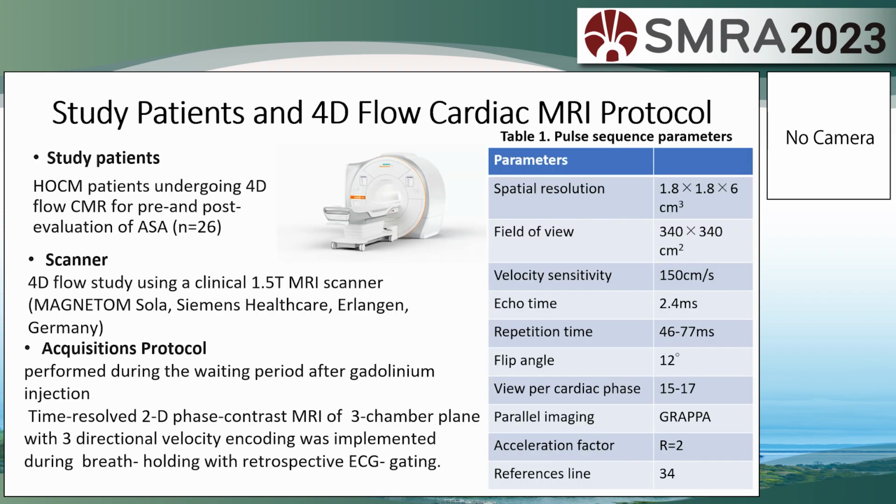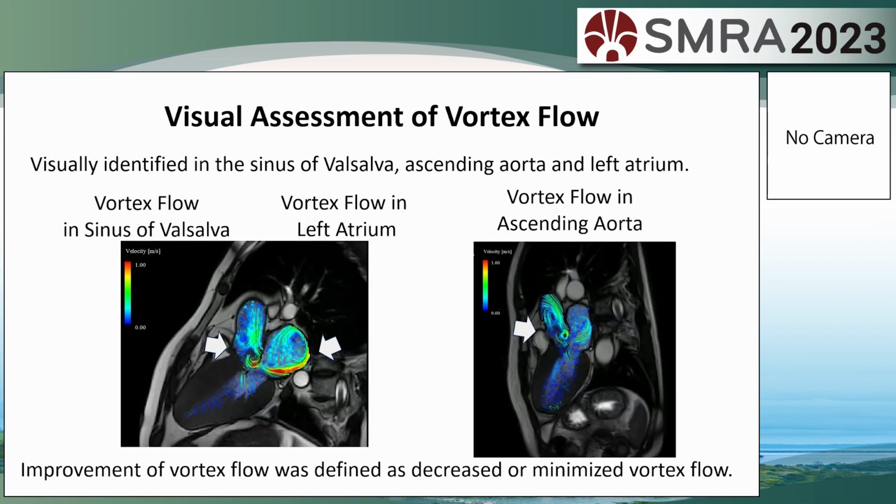The total population is 26 patients, and this is our imaging protocol. We visually identified vortex flow in sinus of Valsalva, left atrium, and ascending aorta. And we defined improvement as decreased or minimized vortex flow.